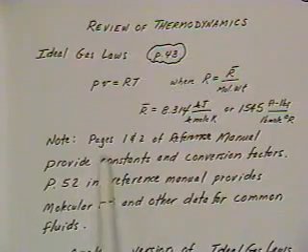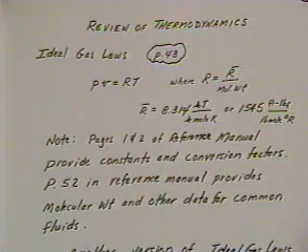Now, pages 1 and 2 of the reference manual, you'll note, provide a number of constants and conversion factors. Page 52 in the reference manual gives you some molecular weight data and other data for common fluids.